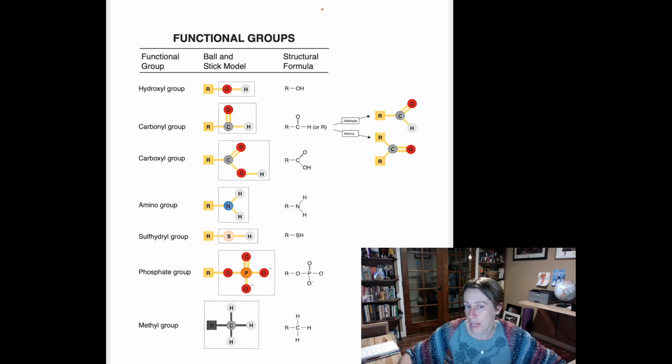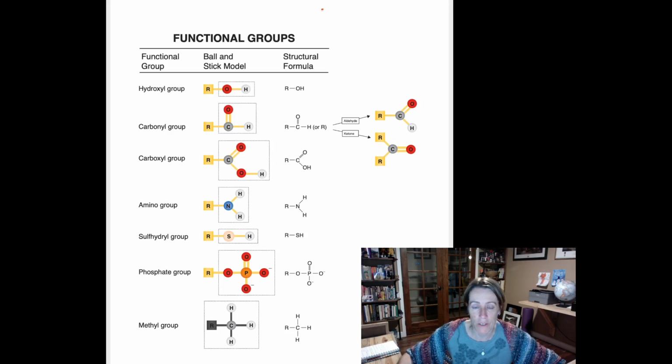You don't do what I did here. I circled them separately. That's not correct. When they both stick on the same carbon, you circle the whole thing and say it's a carboxyl. So just an OH is a hydroxyl, just a double bond O is a carbonyl, but when they're both sticking on the same carbon, then you call it a giant group altogether and you call it a carboxyl. You don't separate them out.